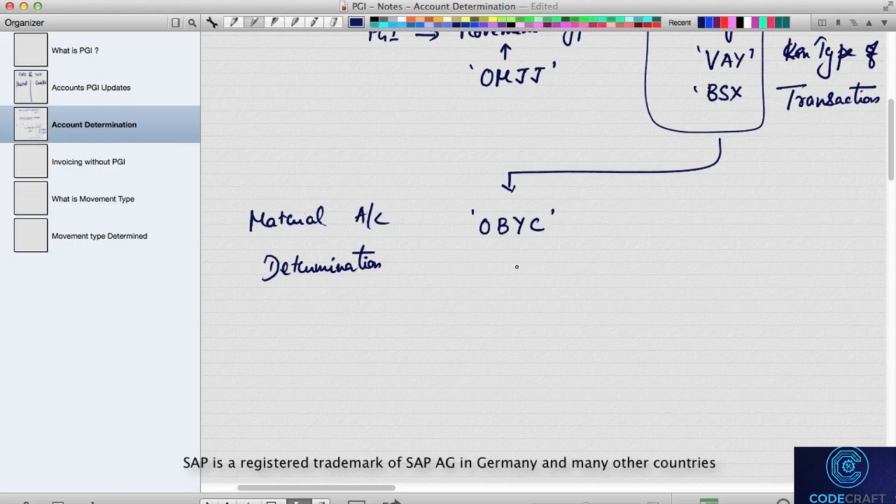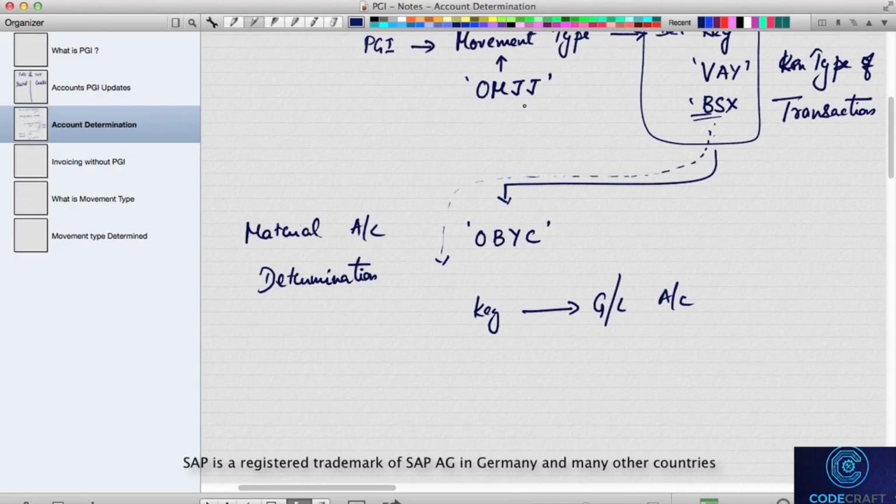And in OBYC, using this key, whatever it is, BSX, VAY or whatever, the key determines the GL account to be hit, whether it's the inventory account or cost of goods sold account or whatever account it is. So the key that the movement type determines in OMJJ will ultimately determine your GL account using the material account determination transaction OBYC.